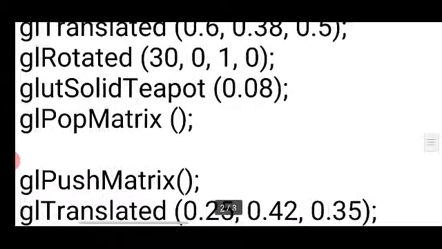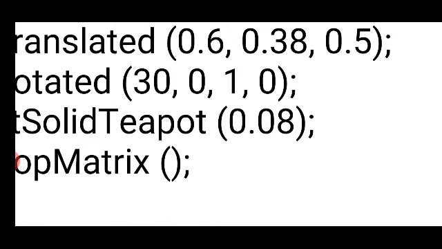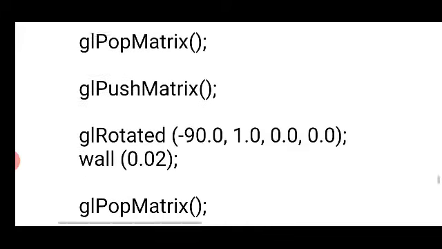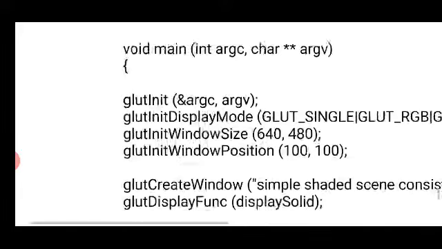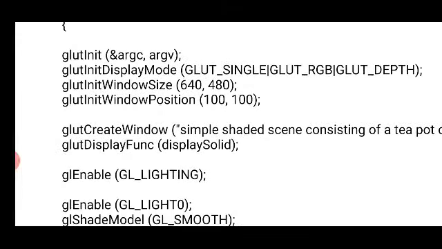After that, we are going to draw a teapot. For drawing the teapot, we are going to use a function called glutSolidTeapot, and its size we need to specify as 0.08. Okay, now this is how the scene is going to be drawn, and the lighting effects have already been set. Now in the main function, just initialize the glut environment by using the glutInit function, then set the glutInitDisplayMode, that is GLUT_SINGLE, GLUT_RGB, and GLUT_DEPTH.